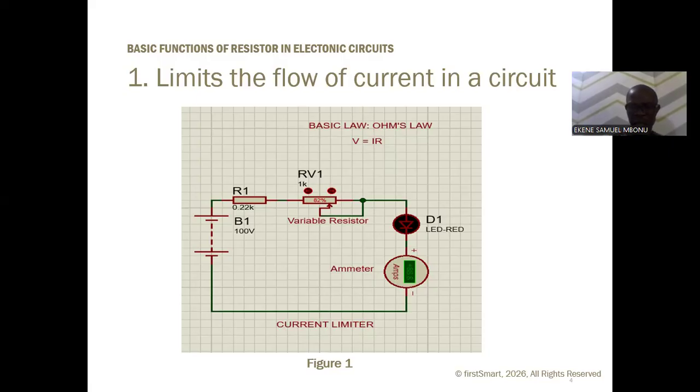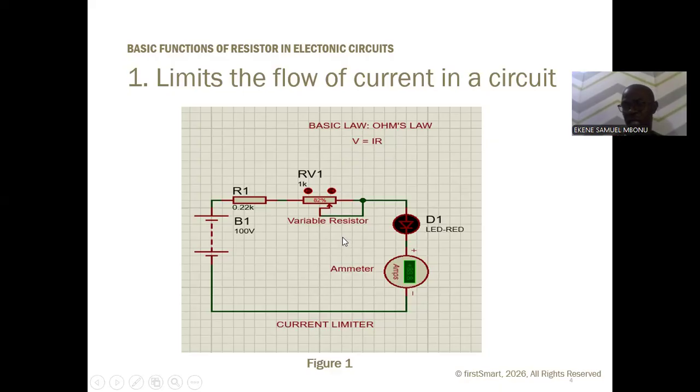The voltage developed across a resistor is directly proportional to the current flowing through it. Either way, this is the equation: V = IR. So the voltage is directly proportional to the current. By the time you introduce the constant of proportionality, which is the resistance of the resistor, you get that equation.